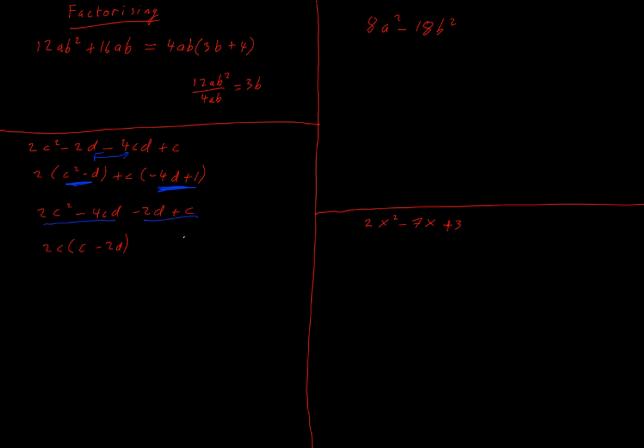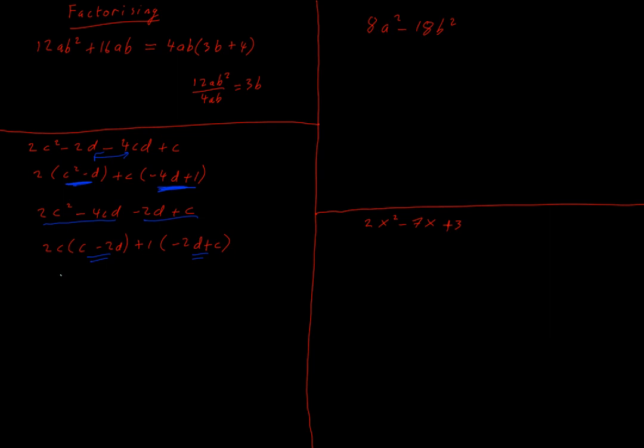And I don't have any common factor that I can see here, but I know that every single number has a factor of 1. So I can take out a factor of plus 1. I end up with minus 2d plus c. Even though these are in a different order, I still have a minus 2d and a plus c. So these brackets are identical, even though we've swapped the order, so they're all right.